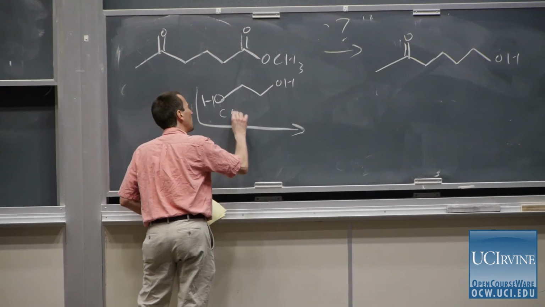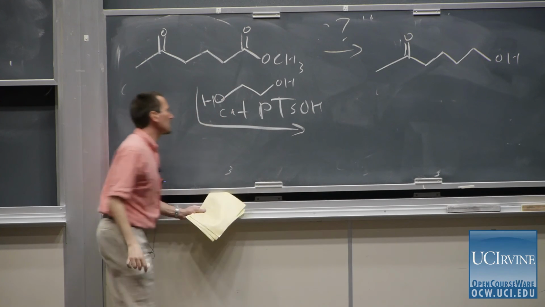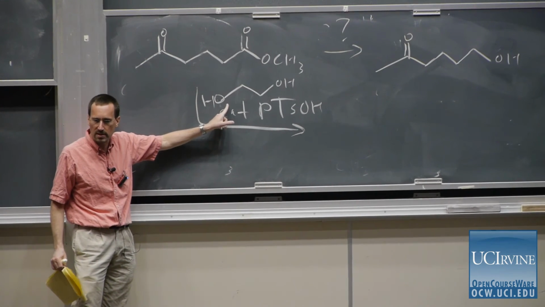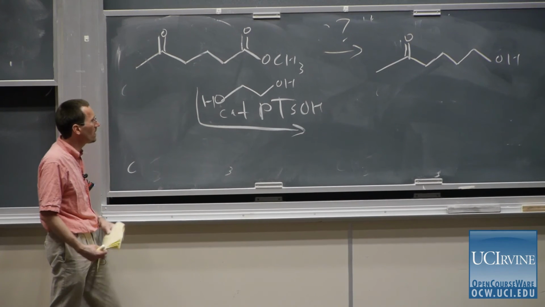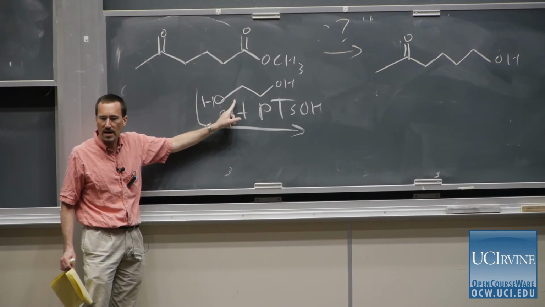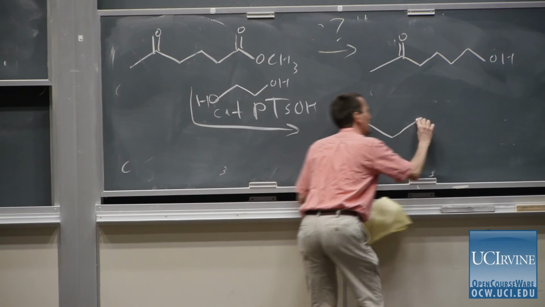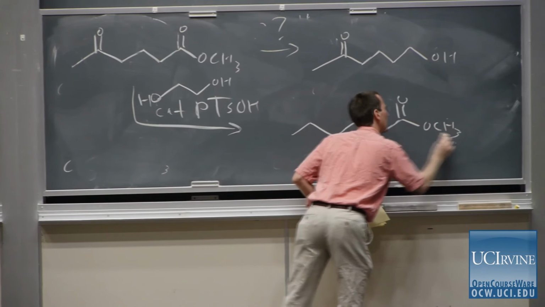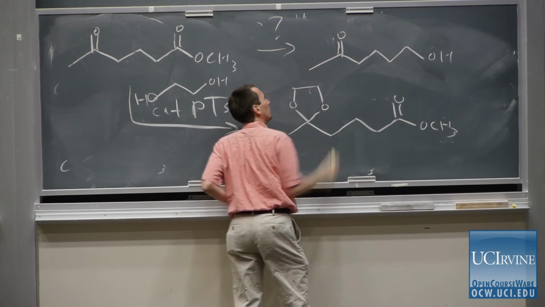And so if one treats with catalytic tosic acid, which, as I said, is often used in organic solvents, often with Dean-Stark distillation to drive out water, often in benzene or toluene, if one treats the ketone and ethylene glycol with catalytic acid, you can selectively protect, you can hide the ketone as the acetal.